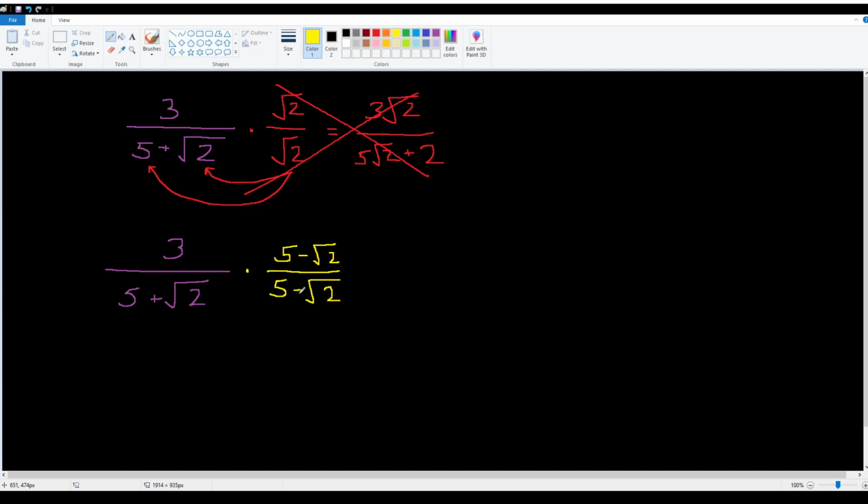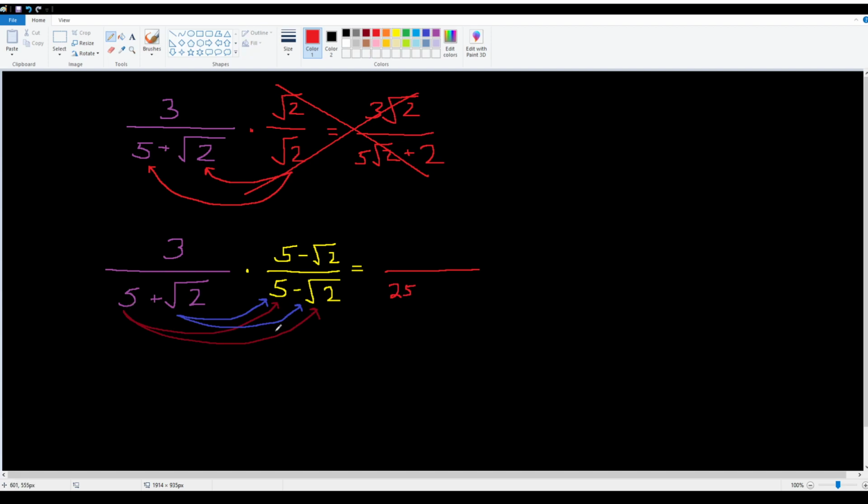Now the reason we do this, I'm going to start with the bottom here. Because this is a binomial times a binomial, we have to double distribute. Take the 5, distribute it through to both terms. Then we take the square root of 2 and distribute it through to both terms. But let's see what happens here. When I take 5 times 5, I get 25.